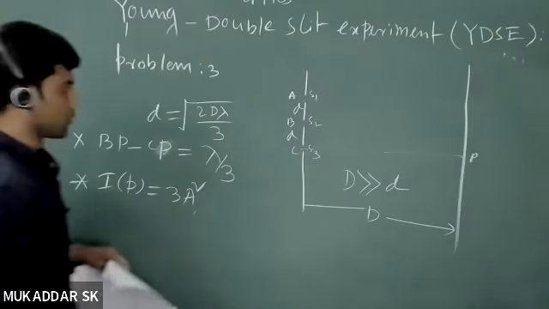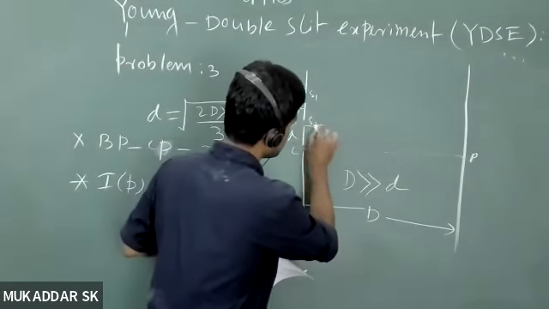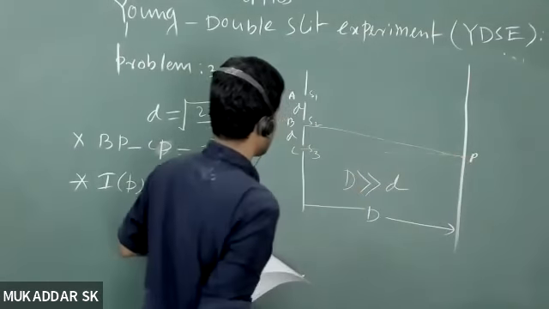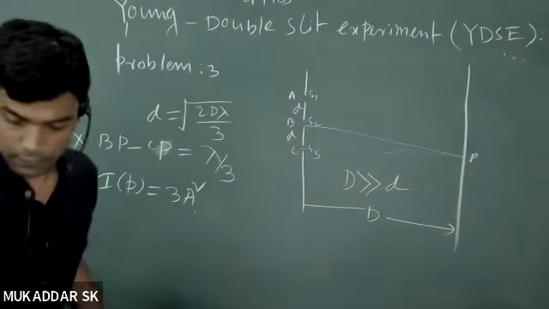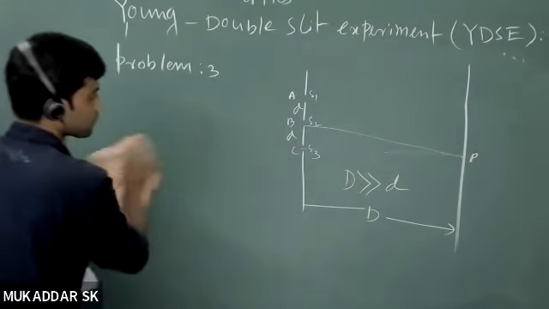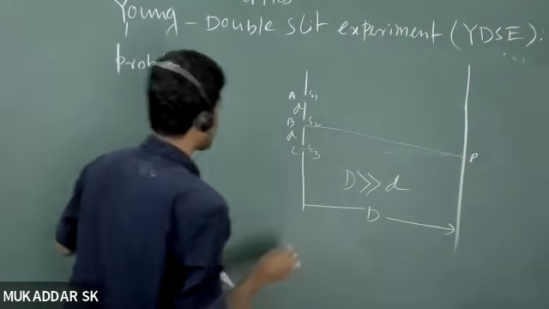Okay. So to do this, first let us calculate that BP. BP will be how much? So if you consider this as a right triangle, then how much you'll get? BP कितना आ जाएगा बताओ? So this will be your hypotenuse, right?